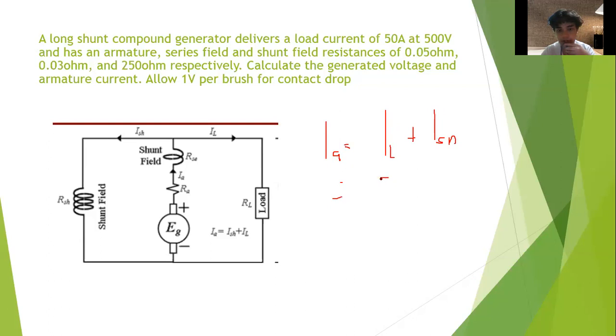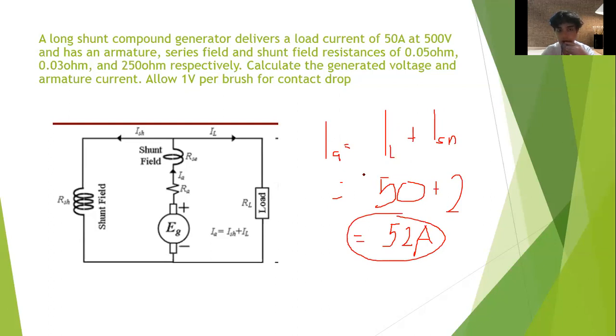So this will be 50 plus 2 amps, and the answer will be 52 amps. This is the answer for the armature current.